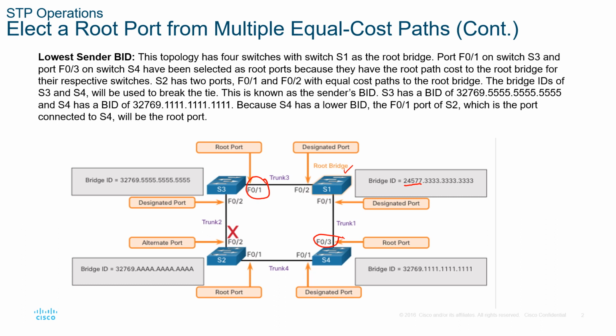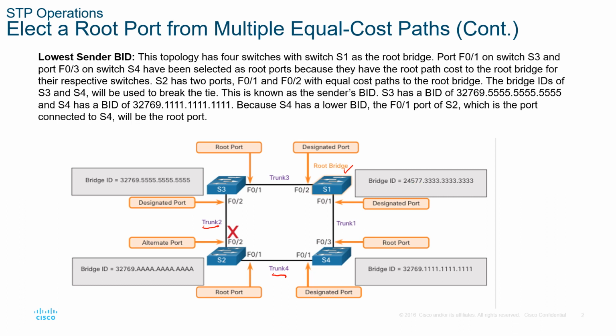Because these two ports have the lowest cost path to the root bridge. So now we are left with another two segments, which are trunk 2 and also trunk 4. I'll just wipe this off first.